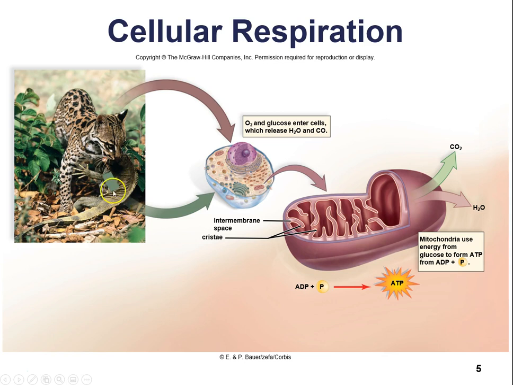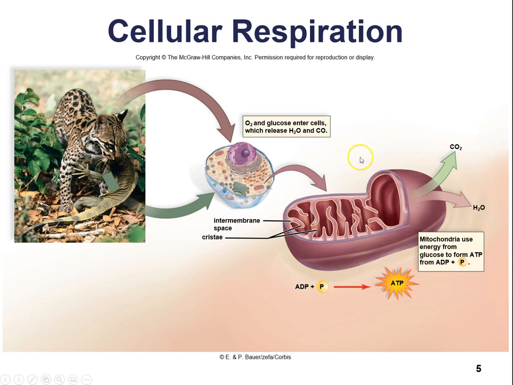So whatever food he's ingesting, then digesting, breaking it down. Ultimately, glucose and oxygen are going to enter into his cells. And then that glucose, and again other biomolecules, can be broken down in the presence of oxygen to produce ATP, the ATP that he needs to run and catch that iguana.